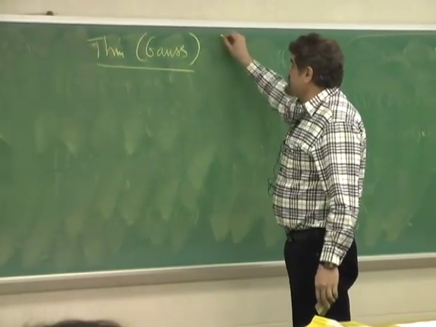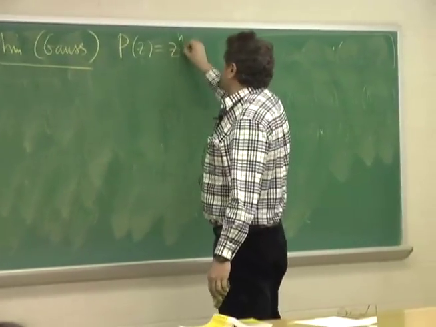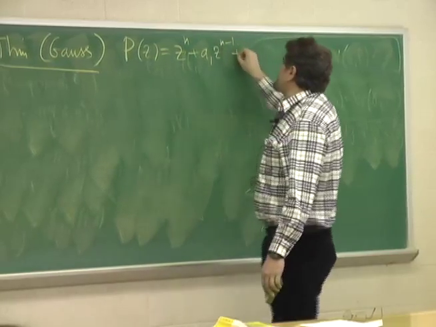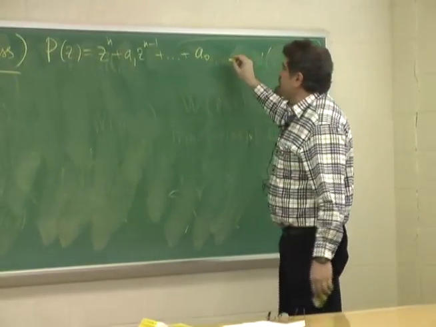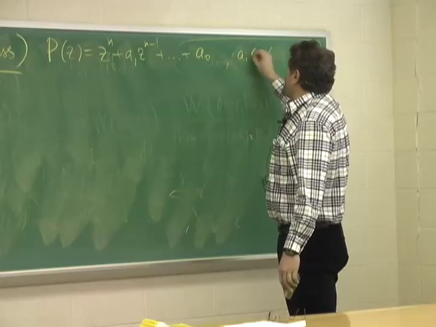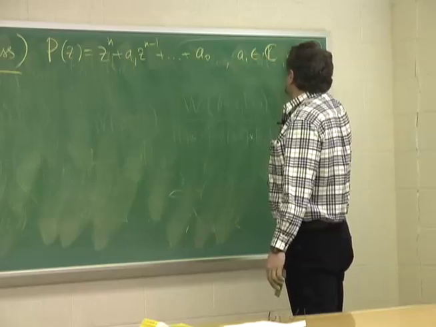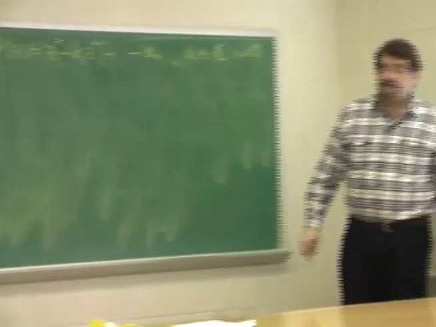Let P of Z equals Z to the n plus A_{n-1} Z to the n minus 1 plus ... plus A naught be a polynomial. The A_i are complex numbers. N is greater than 0. You have an unusual number.